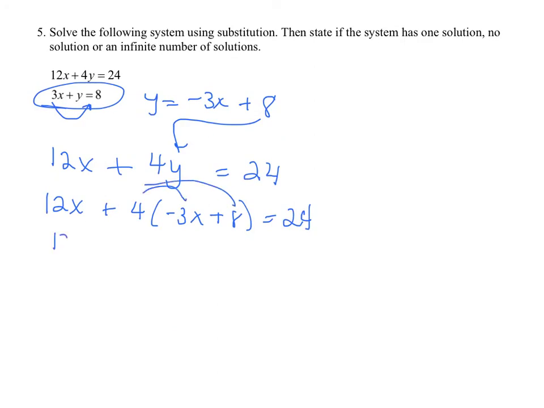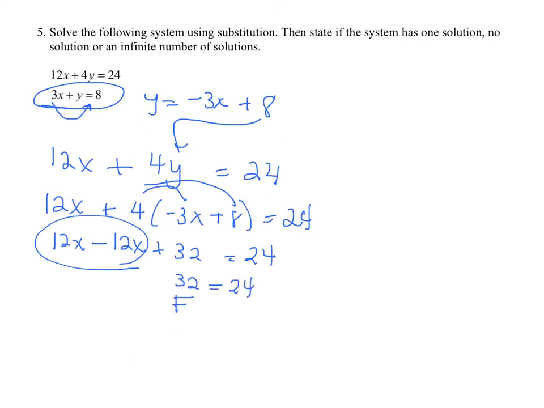We'll get 12x minus 12x plus 32 is equal to 24. Uh-oh. We'll get 32 is equal to 24. So it's false. So that means that there is no solution.